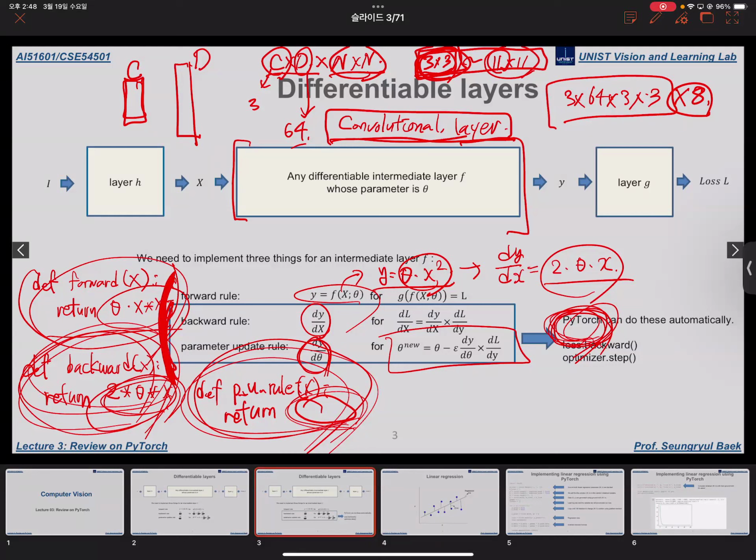Inside PyTorch, they have already implemented that kind of iterative algorithm that can calculate the gradient. Given this kind of forward function, they can apply those approximation algorithms that can calculate this dy/dx and dy/d theta.